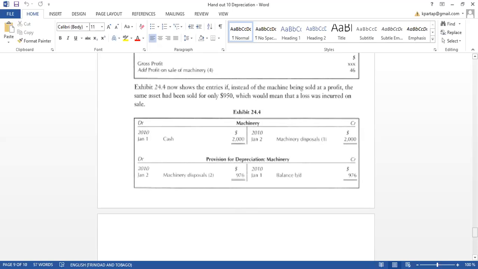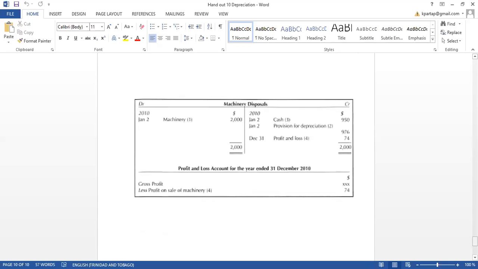If it was sold at a loss, meaning they sell it for $950 instead, you would have actually made a loss, right? So for the machinery account, we do the same thing. We take it out of the machinery, we put it into the disposal, we take out the depreciation, we put it into the disposal account. But now we need to balance it, and we need the balancing figure on the credit side of the disposal account.